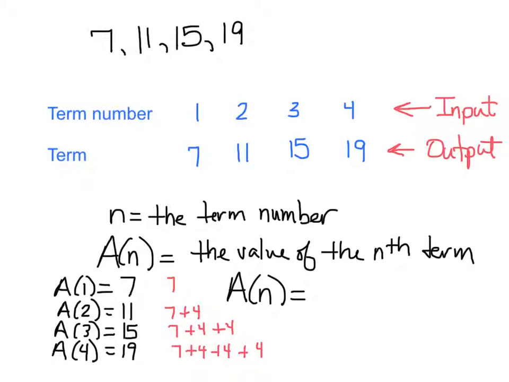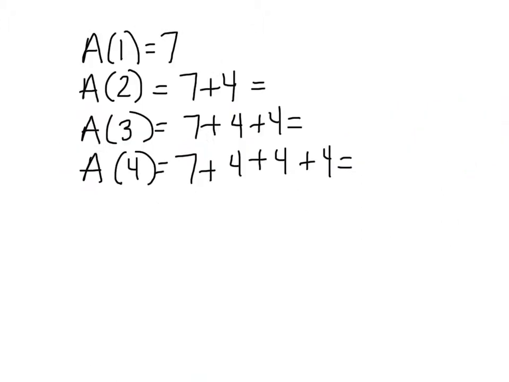Let me make a new page to make this a little easier for you. All right. So you should notice that in the second one, we have 7 plus 1 times 4. In the next one, we have 7 plus 2 times 4.